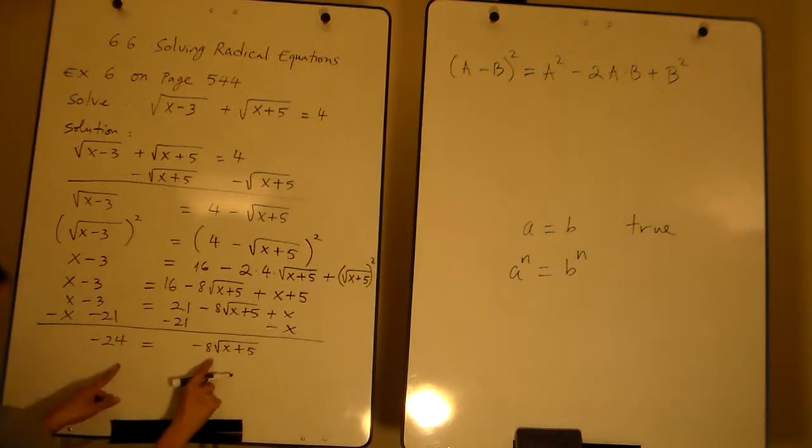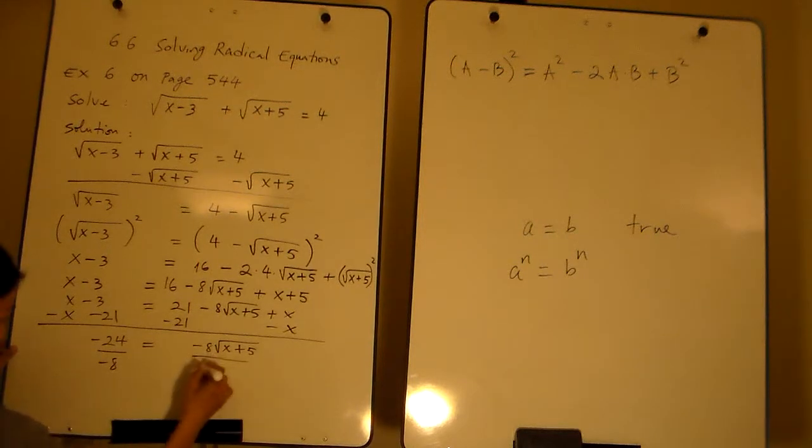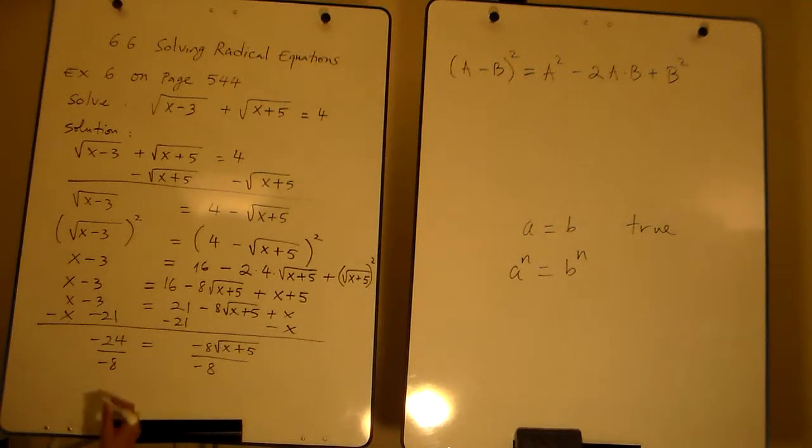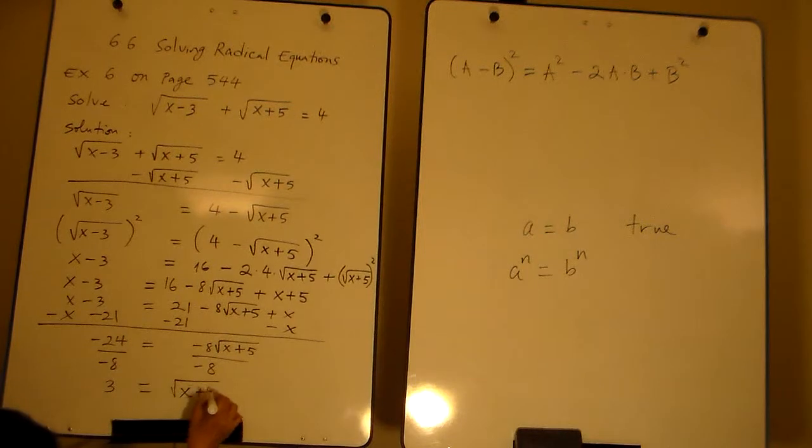So I'm going to simplify and make the number smaller by dividing both sides by negative 8. 24 divided by negative 8 is negative 3, equal to negative 8 divided by negative 8 is positive 1, and 1 times square root of x plus 5 is square root of x plus 5.